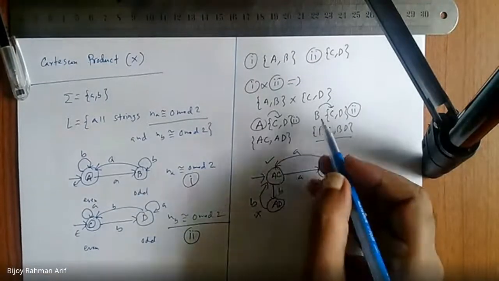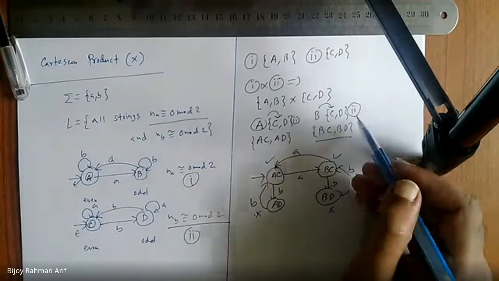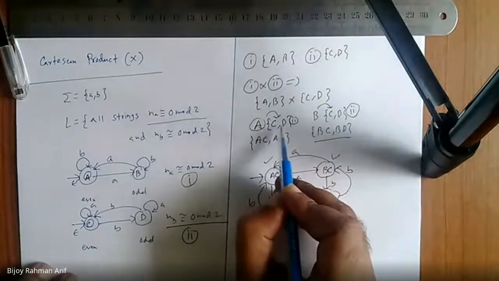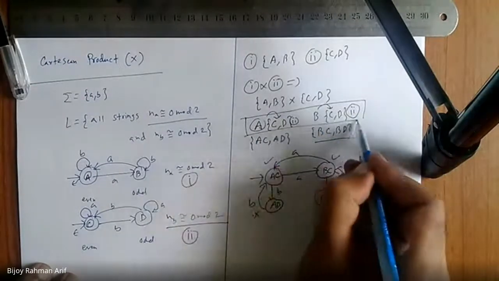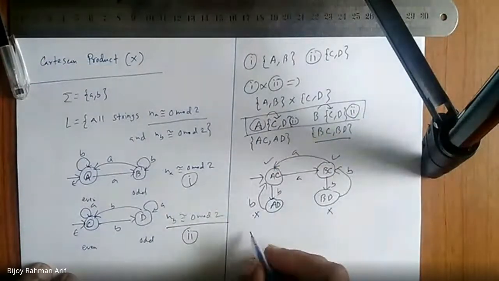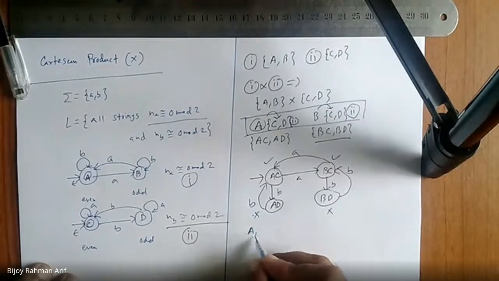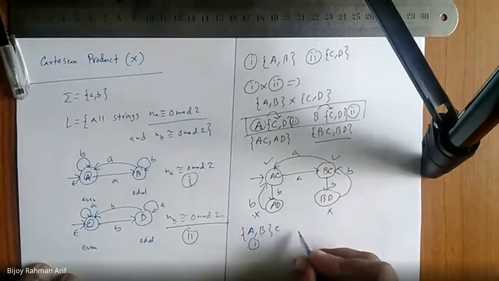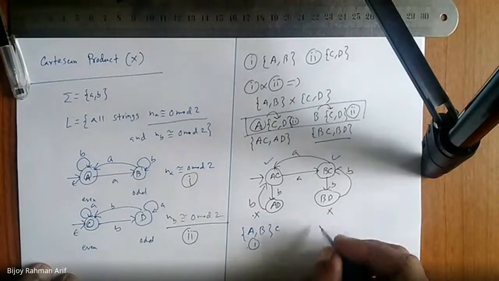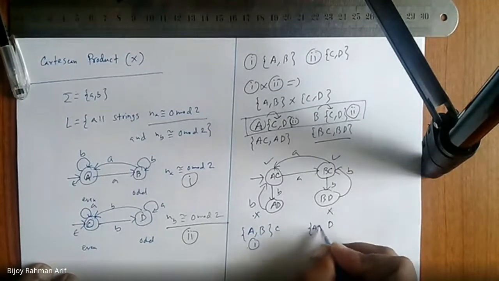Now, if you flip back, that means A goes into C or D. If you write it the other way, C has A comma B, that means whole 1, and D also has the whole of A comma B, 1.